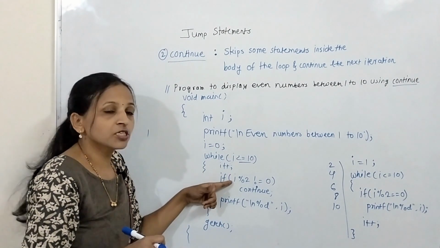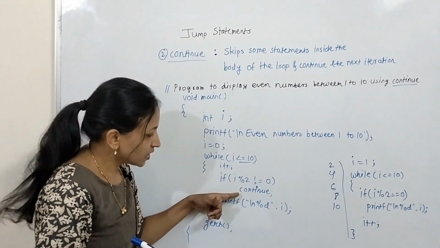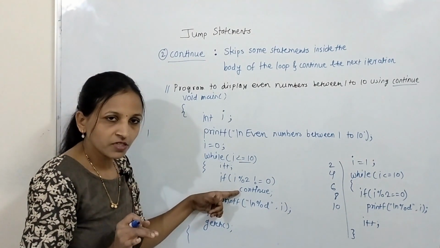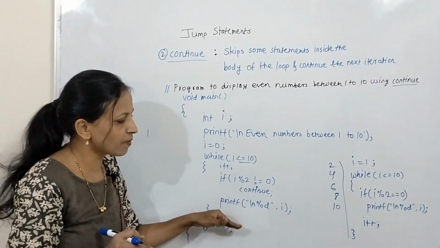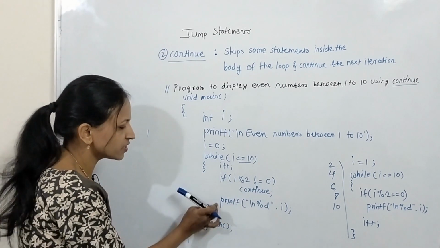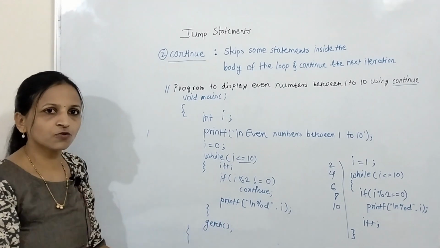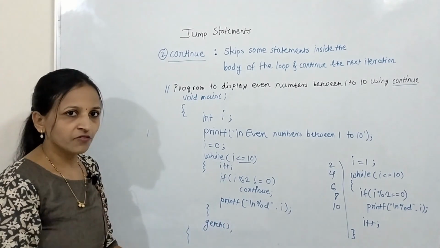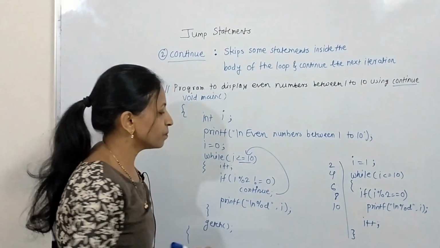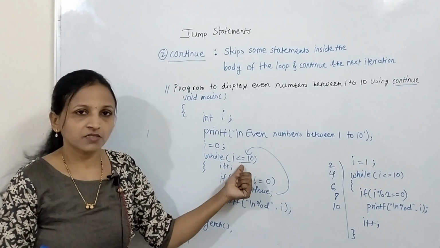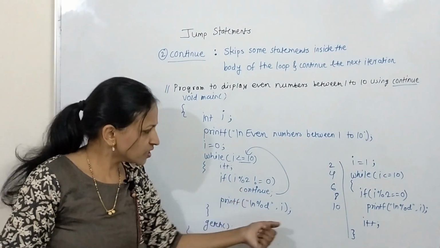If this condition is true, then continue means just skip the remaining part of the loop, whatever statements are written, don't execute those statements after continue. Whenever this continue is encountered, automatically control will be shifted here. It will start the next iteration.